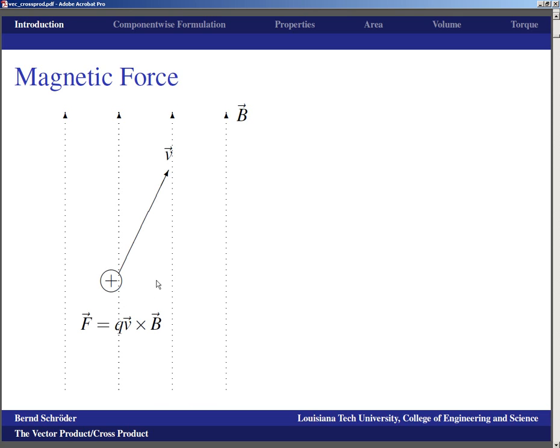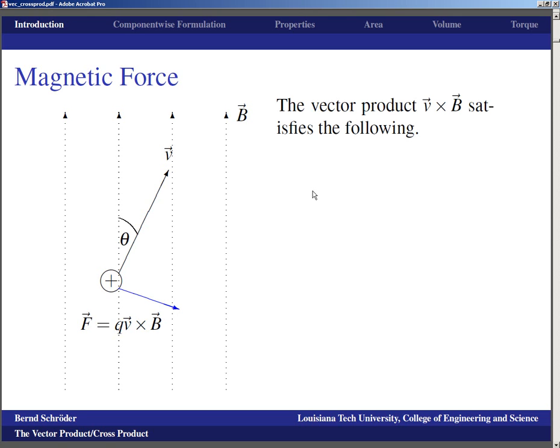But that force has certain properties, namely, if the angle between the velocity and the vector field is theta, then the force will be the following. The vector product that encodes this force must be perpendicular to the velocity and the magnetic field.